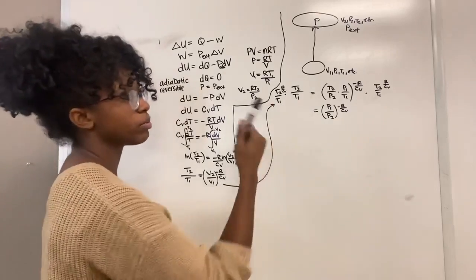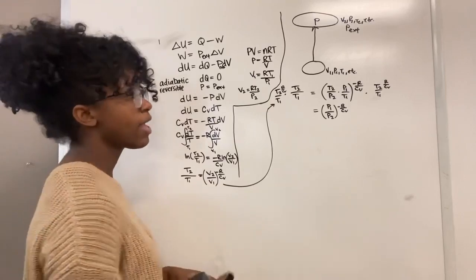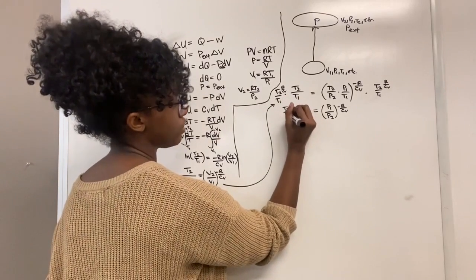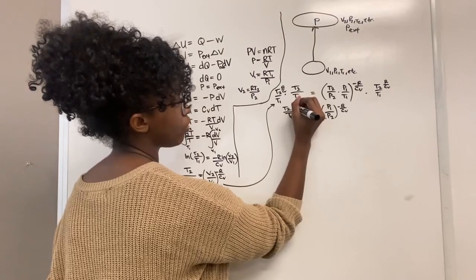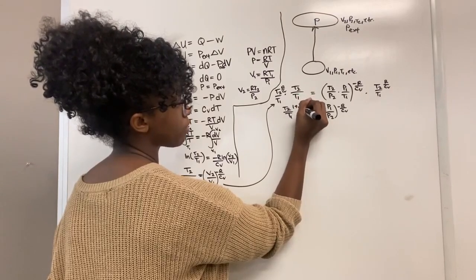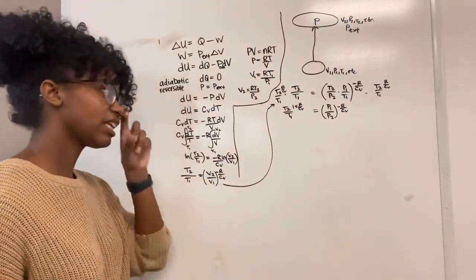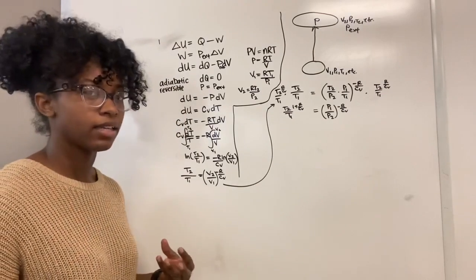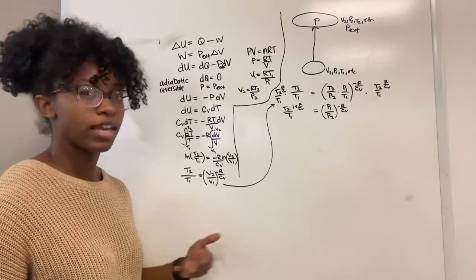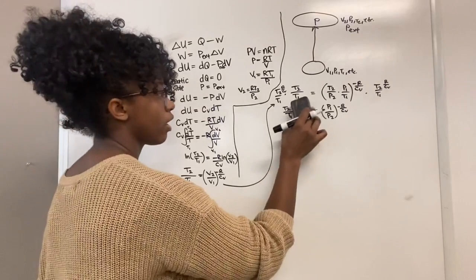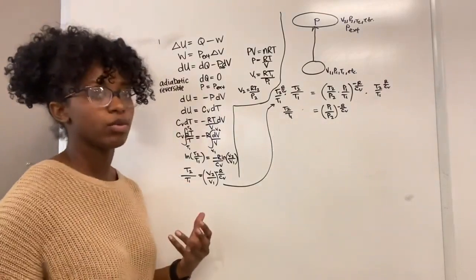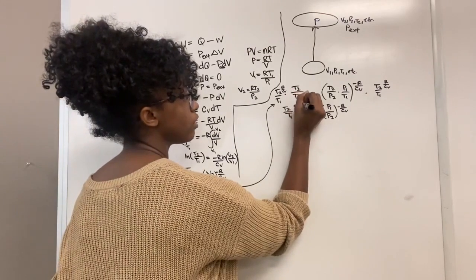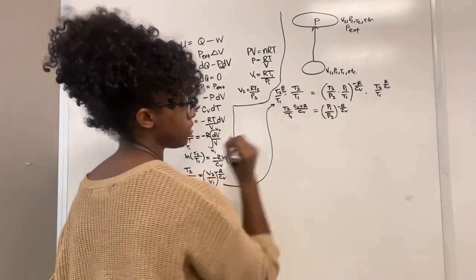And so when we multiply the exponents, we're simply adding them, and that will give us T2 divided by T1 to the 1 plus R divided by CV power. So we can even simplify that further and just combine the terms in our exponent. Since 1 would be equal to CV over CV, we're left with CV plus R divided by CV.